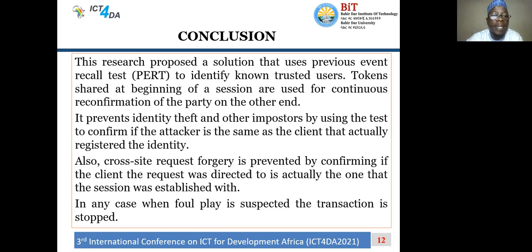It prevents identity theft and other impostors by using the test to confirm if the attacker is the original client that actually registered the identity. Also, cross-site request forgery is prevented by confirming if the client that the request was directed to is actually the one that the session was established with. In any case, when foul play is suspected, the transaction is stopped.